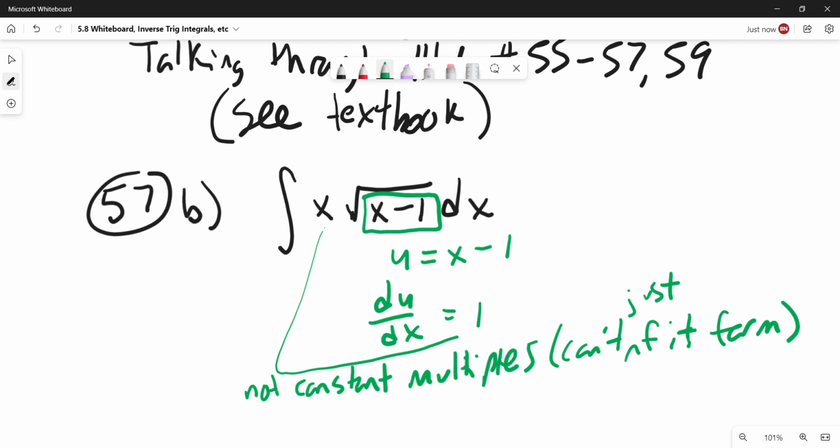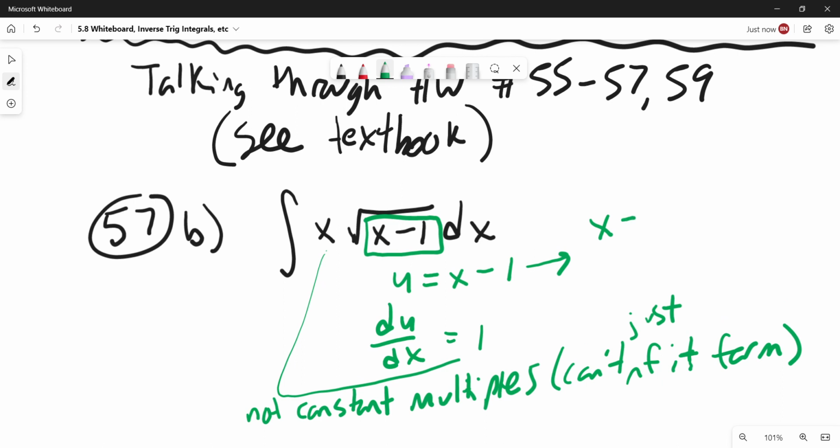It might still be possible, because if u equals x minus 1, that means x equals u plus 1, right? You just do a little plus 1. And this leads to us concluding that du is equal to dx.